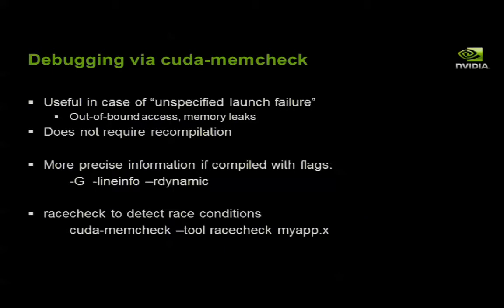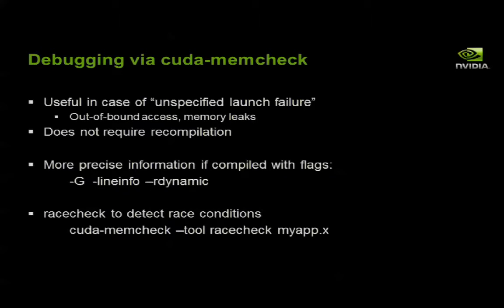The other thing is RaceCheck. That's the second tool in the CUDA MemCheck suite. As I said, one of the hard problems to detect sometimes is to determine when you have a race condition between a thread that's writing into shared memory and a thread that reads from shared memory. And in some cases, you have a certain ordering, and you think that the code works. But then under certain other circumstances, it suddenly doesn't work anymore because the ordering of when the read and the write happen relative to each other is different.